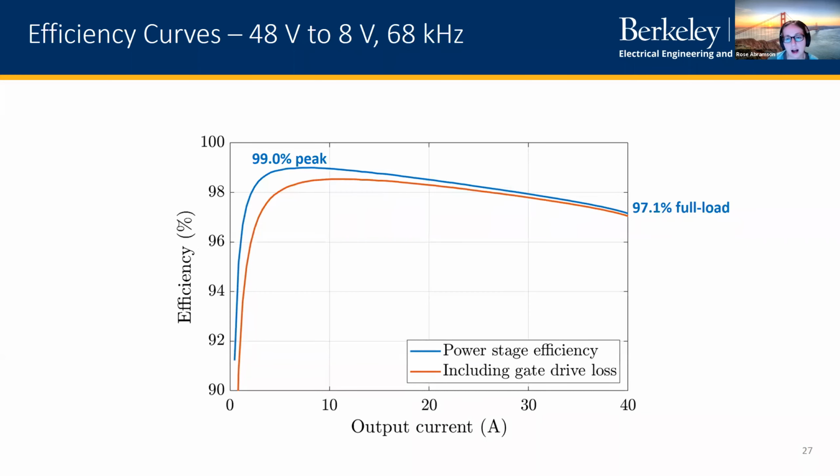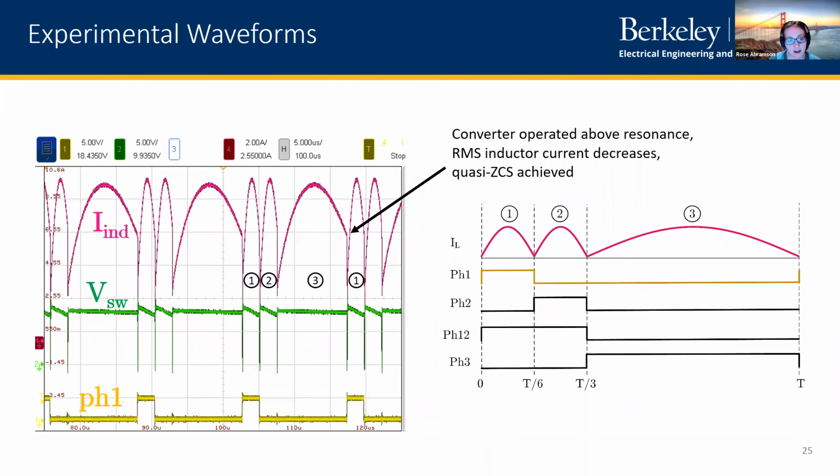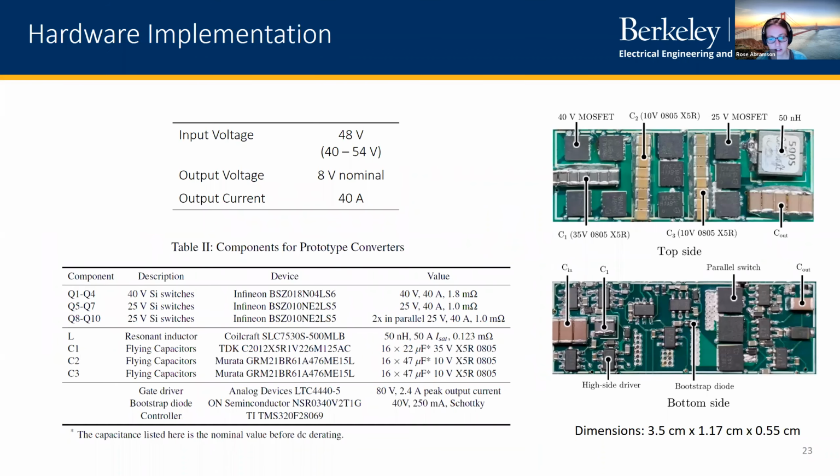Sure. So this comes into play with the fact that we're operating above resonance. Even though those values are changing, as long as we are above resonance, we don't really care what exact values those are, because we're not trying to exactly match that. If you look at the capacitors that we use, it doesn't say here, but I believe these are X5R or similar.